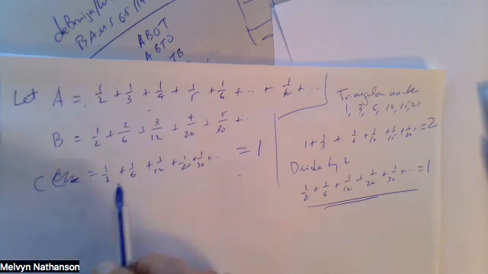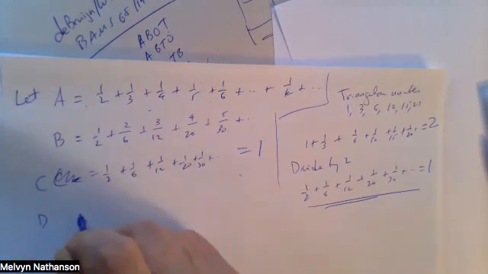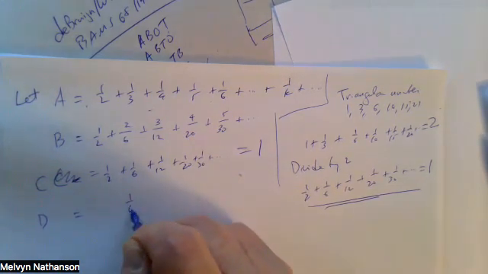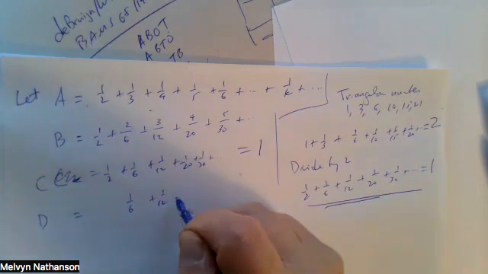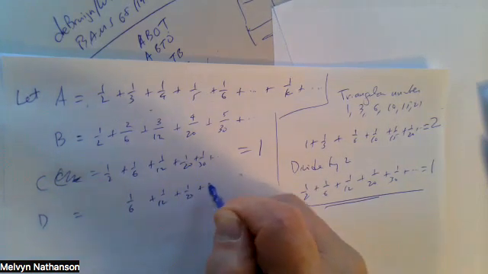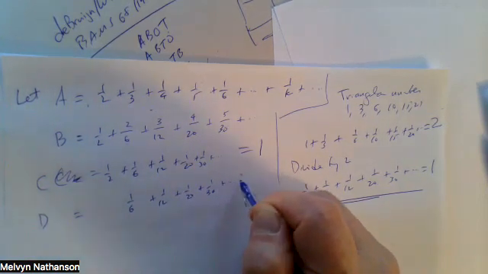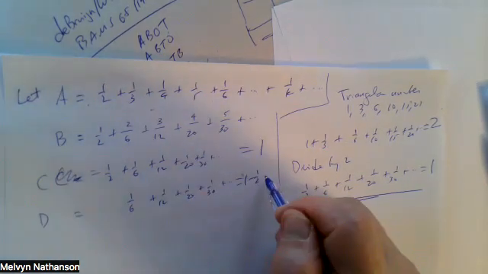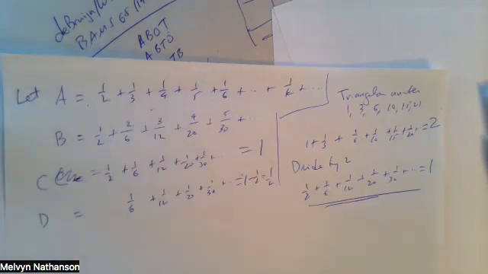Suppose I subtract 1/2 from both sides of this equation. So if I subtract 1/2, this term is gone. I get 1/6, 1/12, 1/20th, 1 over 30, and so forth, is 1 minus 1/2, which equals 1/2.